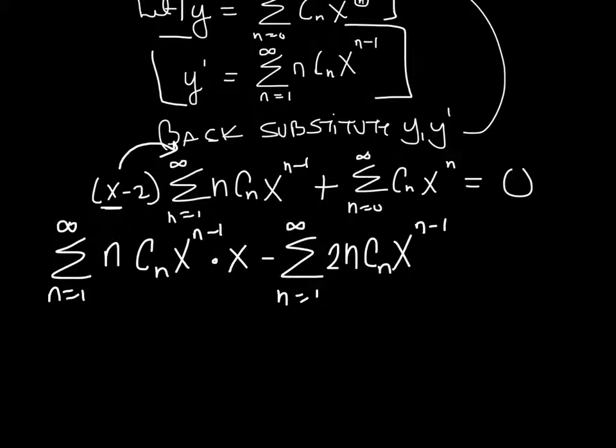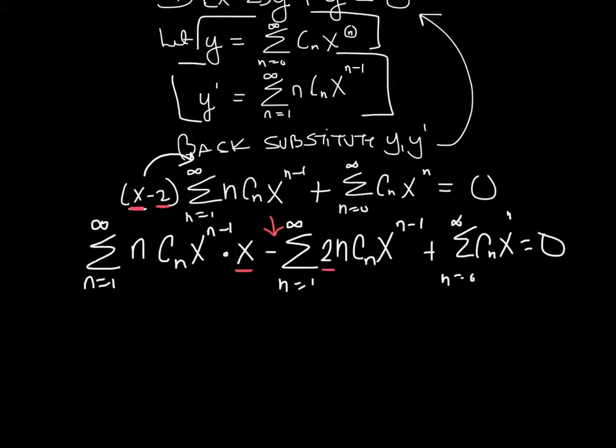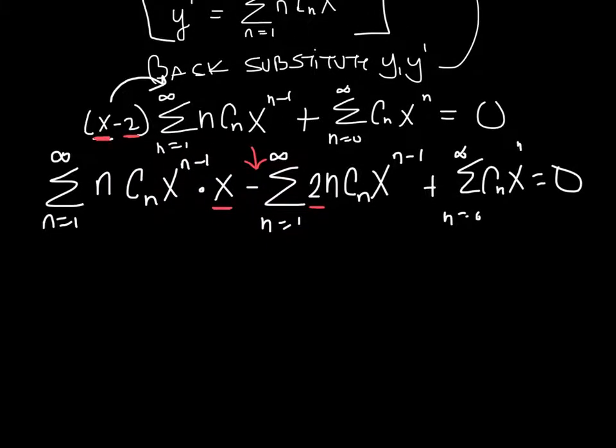So maybe let's write this in color here. My x, I multiply it in here, and my negative 2 is right there. And then, of course, it's negative, so I just went ahead and wrote that outside. And then I'm just going to write my original one equals 0.